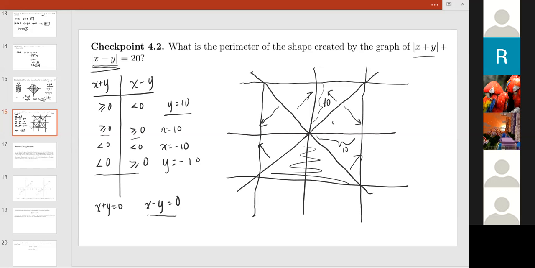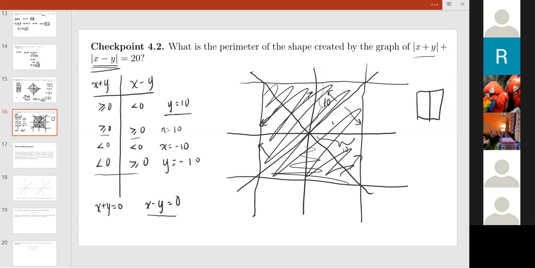So basically, our whole shape is this square, and each of these lengths is 10. Hence, each side length is 20. So the perimeter of a square is 4 times its side length. So the perimeter is 20 times 4, which is 80. That gives us our perimeter.